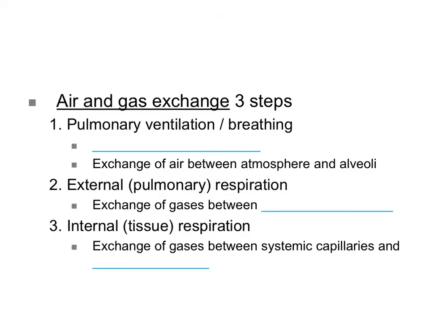Okay, so air and gas exchange can be divided into 3 steps. The first step is ventilation. This is breathing. This is where you have inhalation and exhalation. The next 2 are external or pulmonary respiration and internal tissue respiration. Recall in lab when you hear the term respiration, we're not talking about moving air in and out. We're talking about gas exchange.